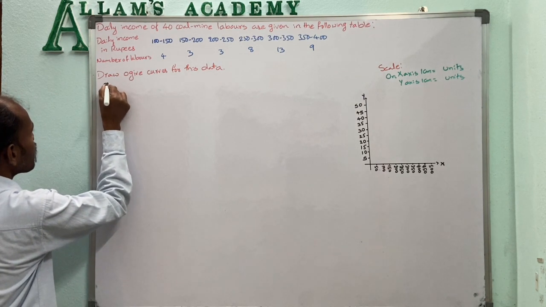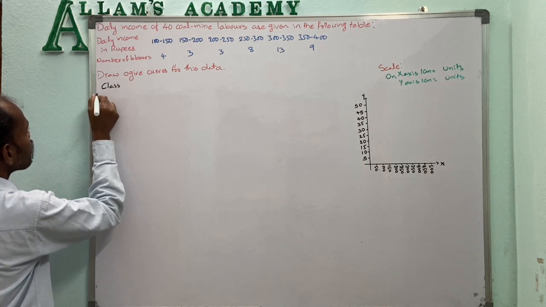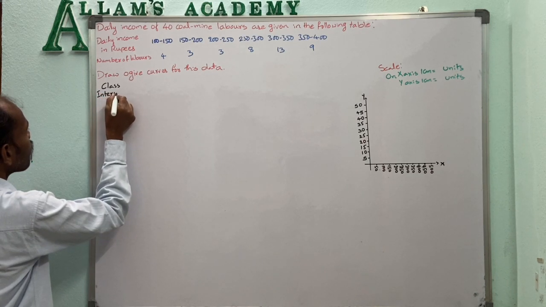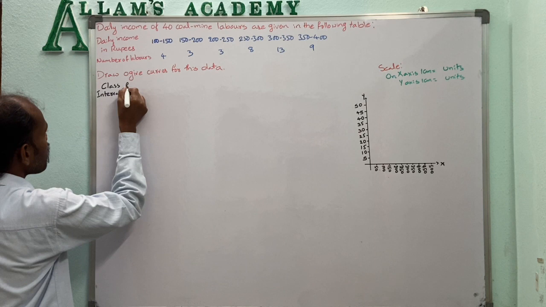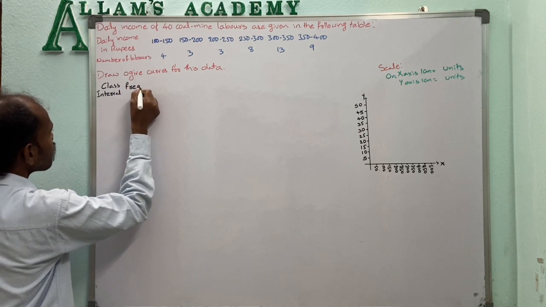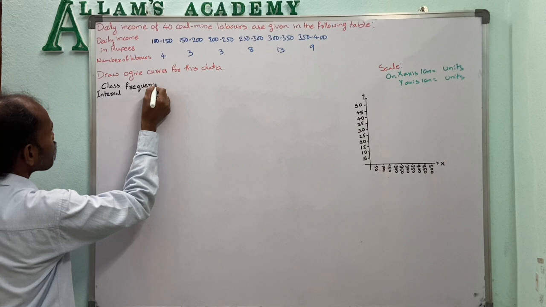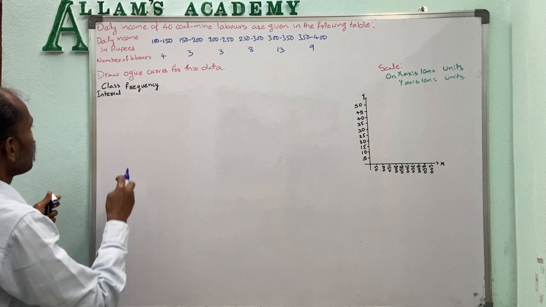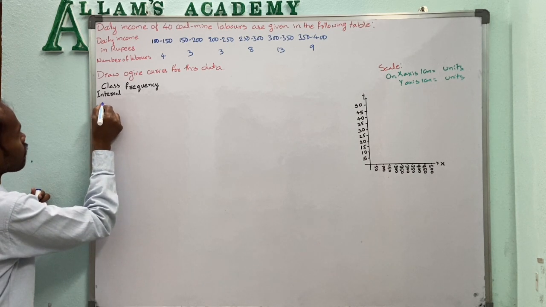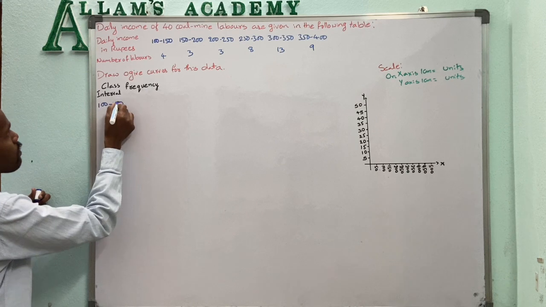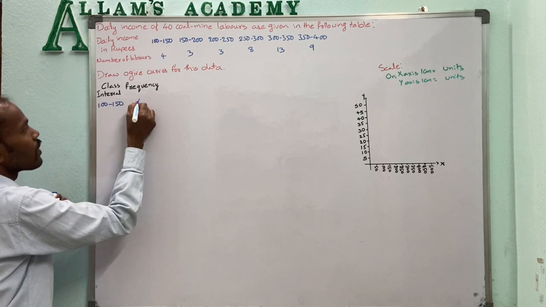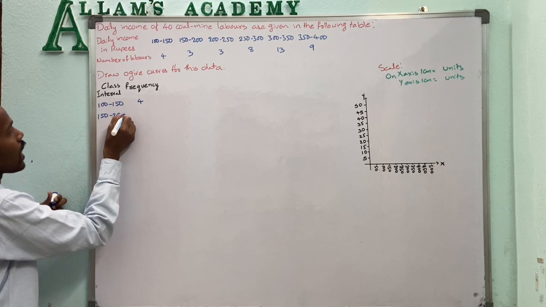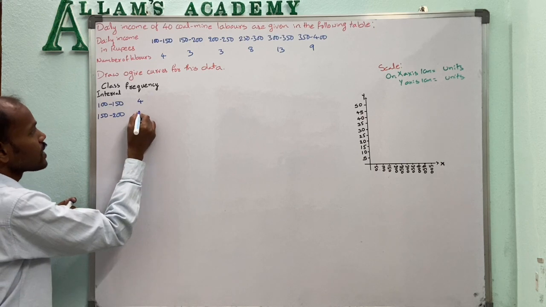So the class interval and their corresponding frequency. For the class interval 100 to 150, the corresponding frequency is 4. For 150 to 200, the corresponding frequency is 3.